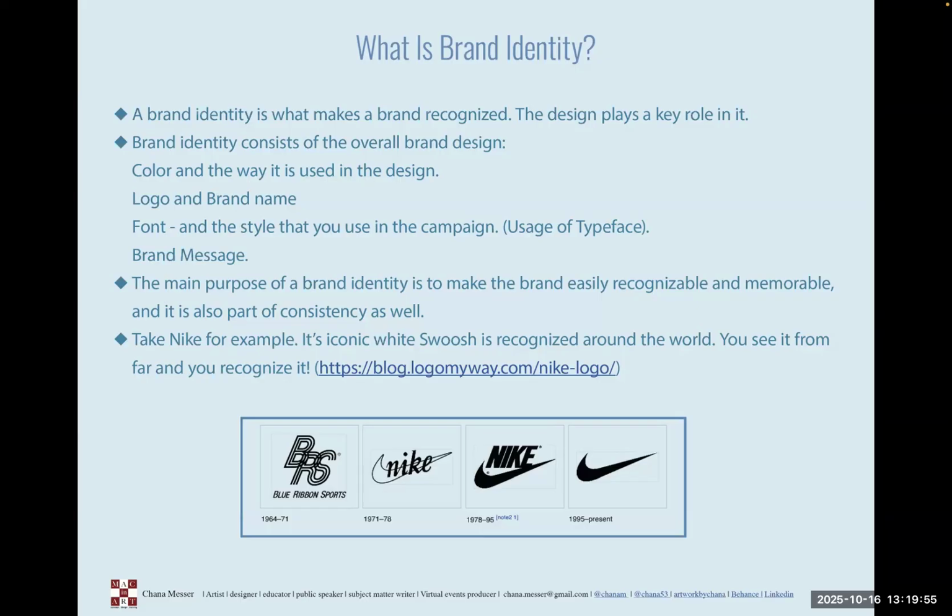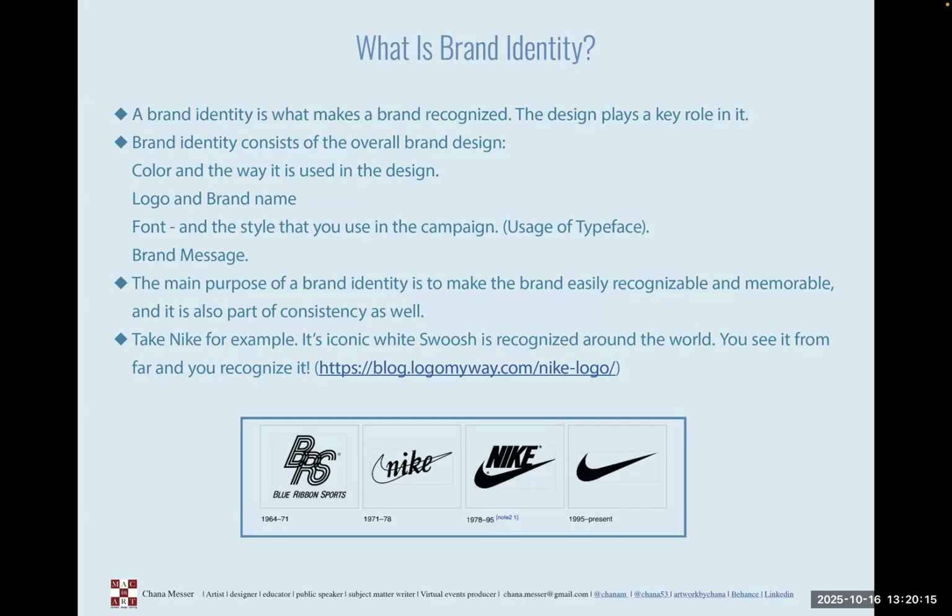The main purpose of brand identity is to make the brand easily recognizable and memorable, and it's also part of consistency. You can see some iconic brand all over the place and you recognize it. One of them that comes to mind for me is the swoosh.